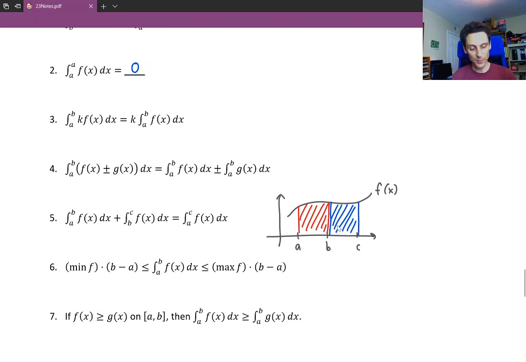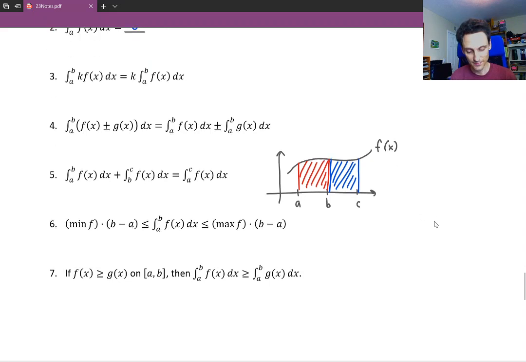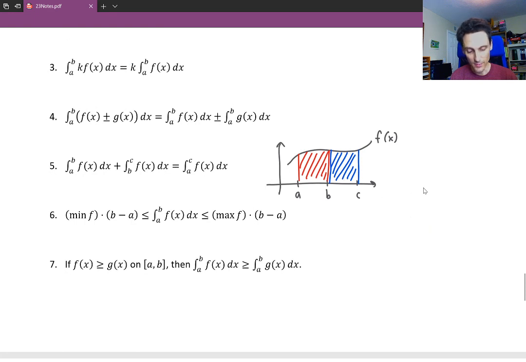And that just makes sense from looking at the picture. It's just area addition. The sum of these two smaller areas is going to be equal to the total area of the bigger area. I don't know what I just said. Anyway, just look at the picture.